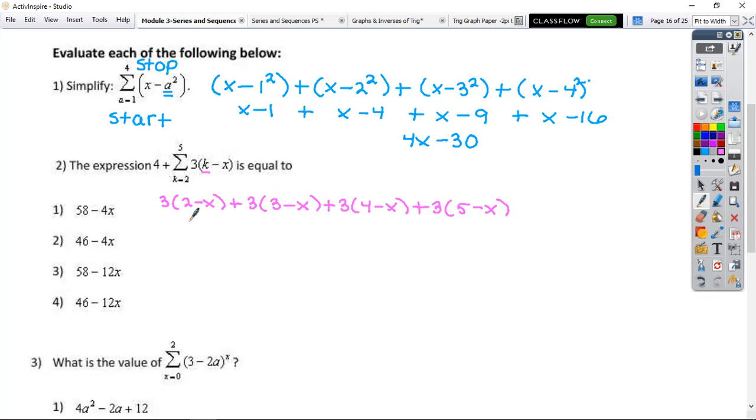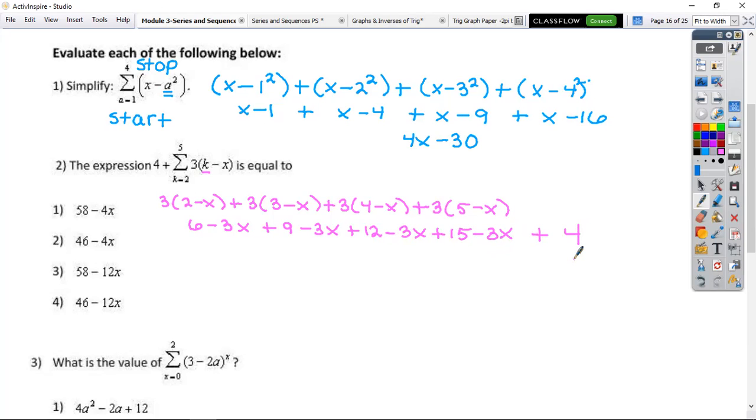So we get a 6 minus 3x plus 9 minus 3x plus 12 minus 3x plus 15 minus 3x. And then before I forget, I'm going to do that plus 4.